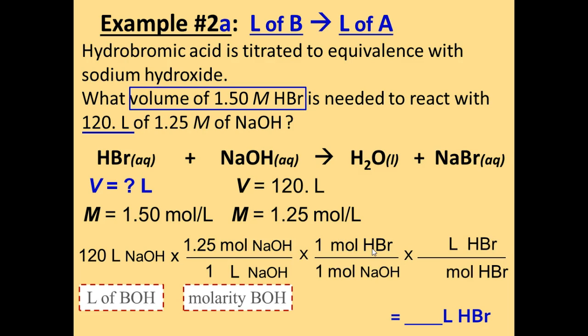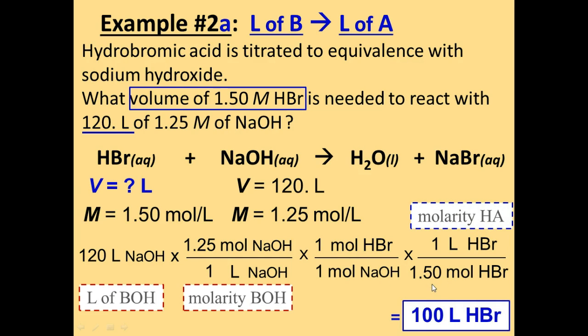Remember, molarity is 1 liter per X amount of moles, and it's always given. Here it's 1.5 moles per 1 liter. So we practically just multiply the numerator, 120 times 1.25, and divide by 1.5, because the 1-to-1 ratio doesn't do anything at all. If we do that, we get 100 liters of HBr.